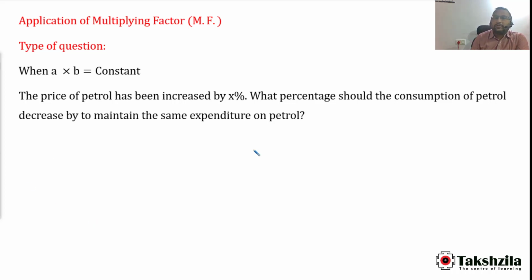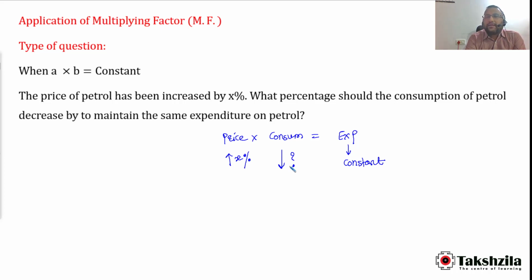For example, we know that price into consumption is equal to expenditure. Now price of petrol is increased by X%. Now we want to keep expenditure constant. For that we need to decrease our consumption. So by how many percentage we are supposed to decrease our consumption, that we need to find over here.